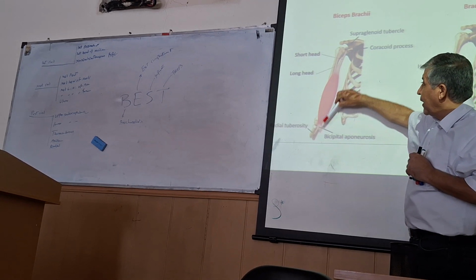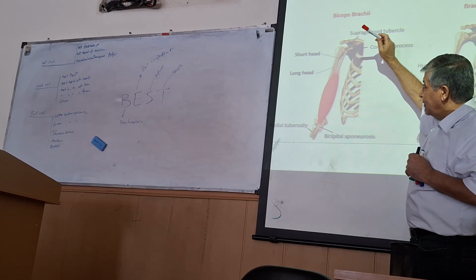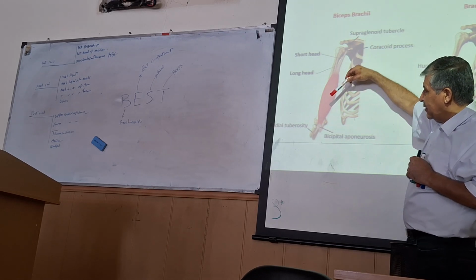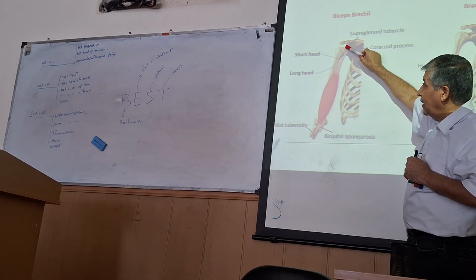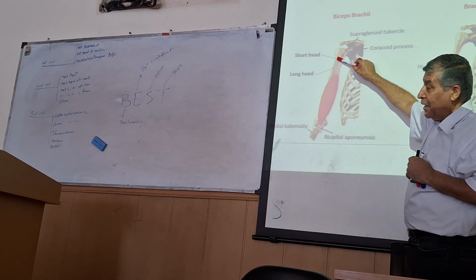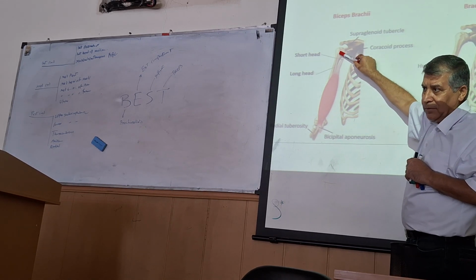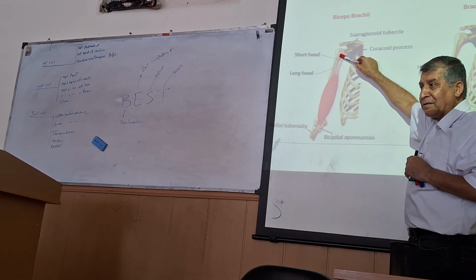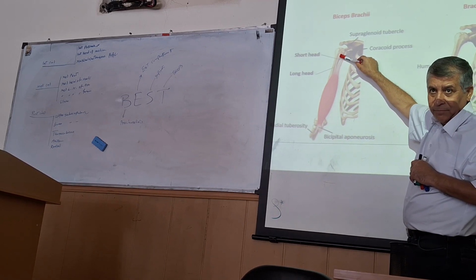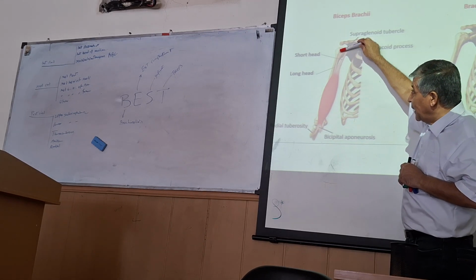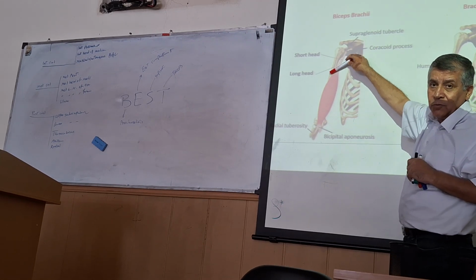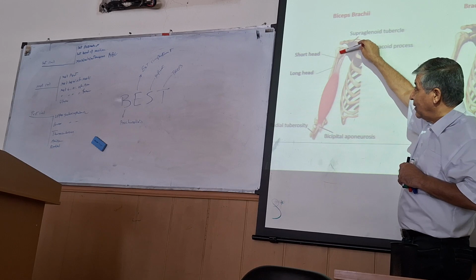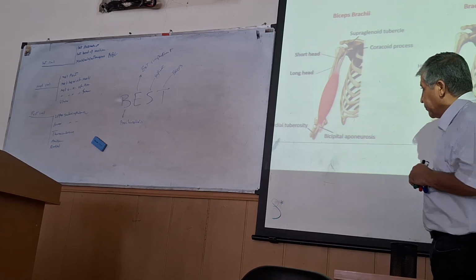Okay? The most important topic about biceps is that the long head of biceps passes intracapsular and extrasynovial, and passes through the intertubercular groove of the humerus.